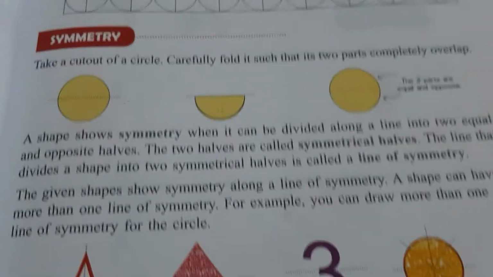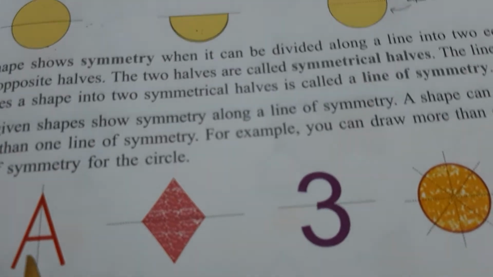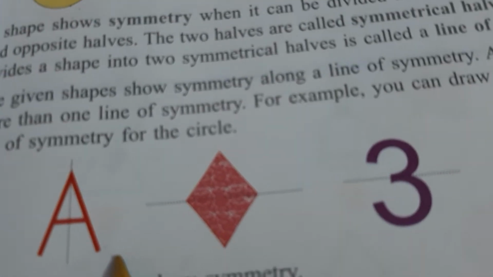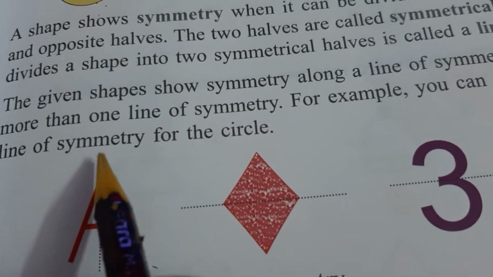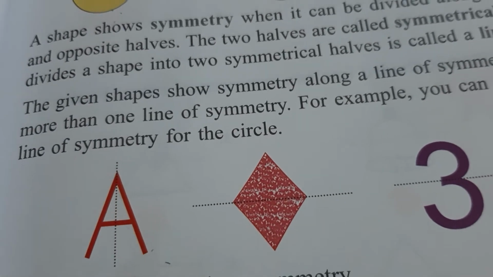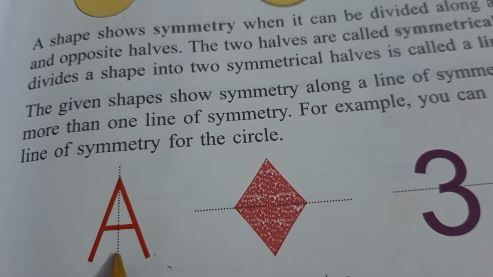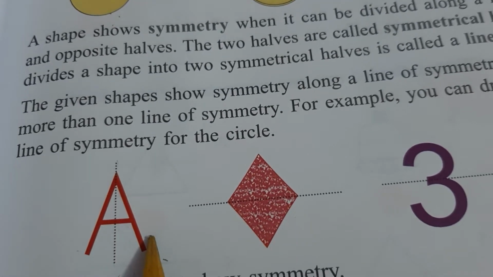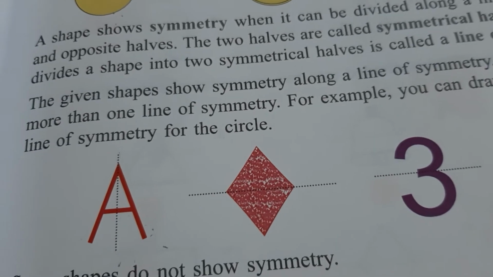Okay, we are taking here some more examples, like A, the English alphabet A. So where can we draw the line of symmetry? Vertically. So if we fold A from here, then on both the sides we are getting the same picture.